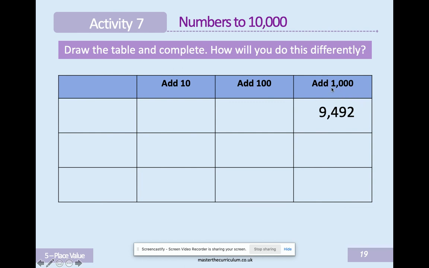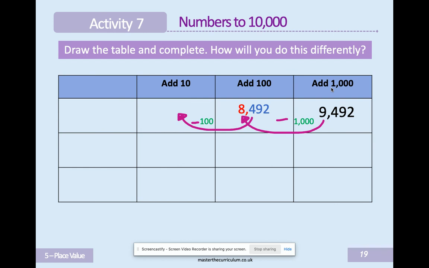I have to now subtract 1,000. If I subtract 1,000, my answer will be 8,492. The only number that's changing is my red number in the thousands column. Well done. Now we have to take away 100.